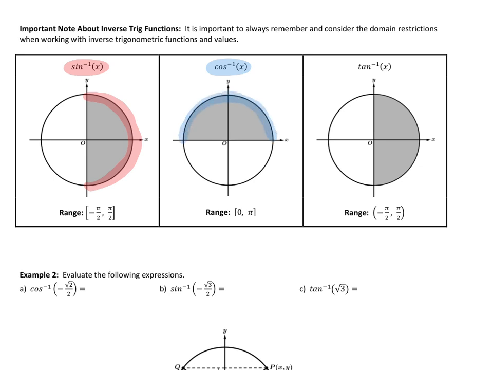So never a negative angle, never an angle in quadrant 3, never an angle in quadrant 4. And then for tangent, like sine, it's from negative pi over 2 to pi over 2, but exclusive, meaning we can't include those quadrantal angles, negative pi over 2 and pi over 2, because of the parentheses, because of the vertical asymptotes.